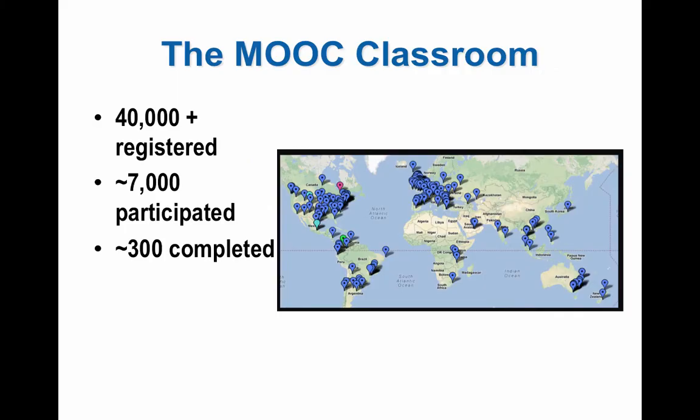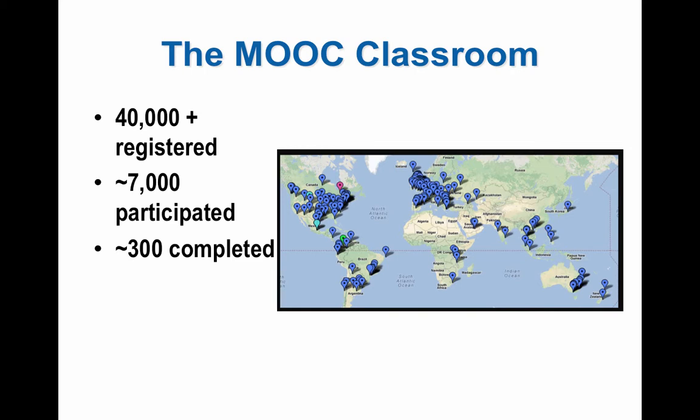Speaking of the MOOC classroom, this is an illustration that shows where the students were in a MOOC that I participated in called Education and Digital Cultures. It was offered through Coursera. It had 40,000 registered students. About 3 weeks into the course, there were 7,000 active participants.